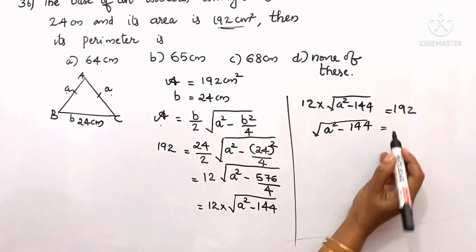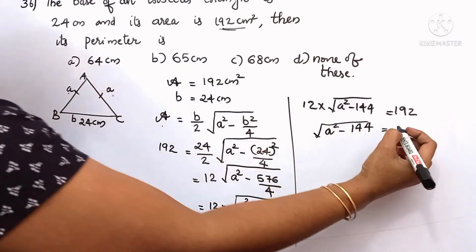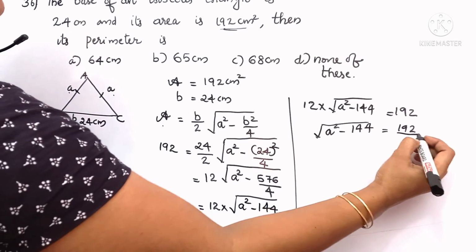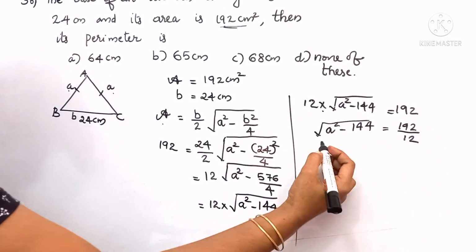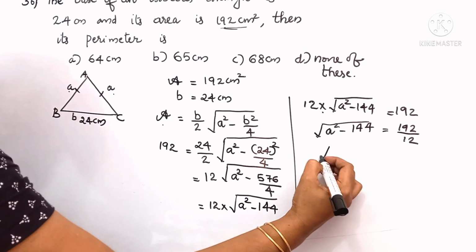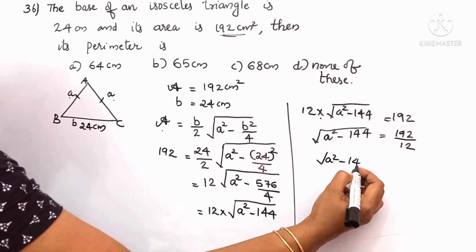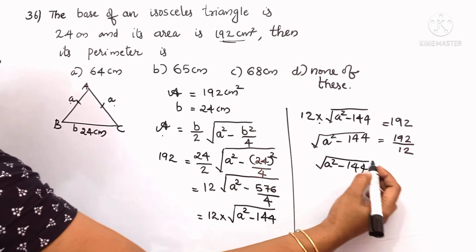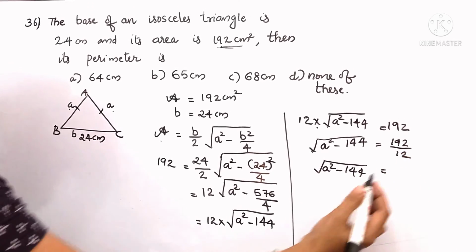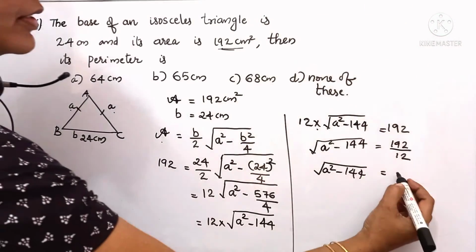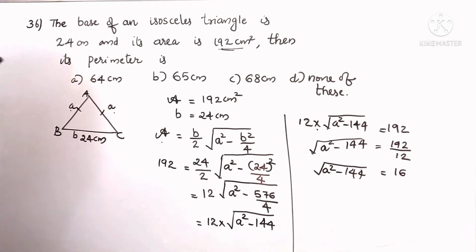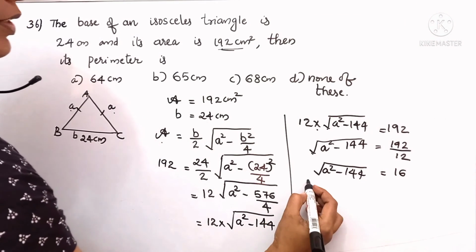That is equal to 192 divided by 12. Here, multiplication becomes division while transposing. So square root of a square minus 144 is equal to 192 divided by 12, which is 16.